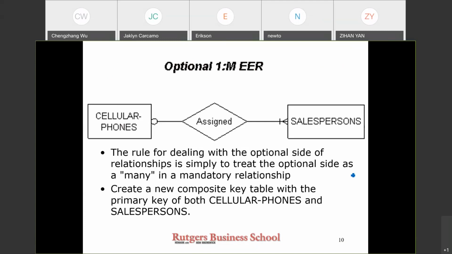So next, let's see an optional one-to-many relationship between two objects. And same thing, you can regard this part, optional participation, as many. And just follow the rules. That is, many-to-many relationships. Mandatory many-to-many.